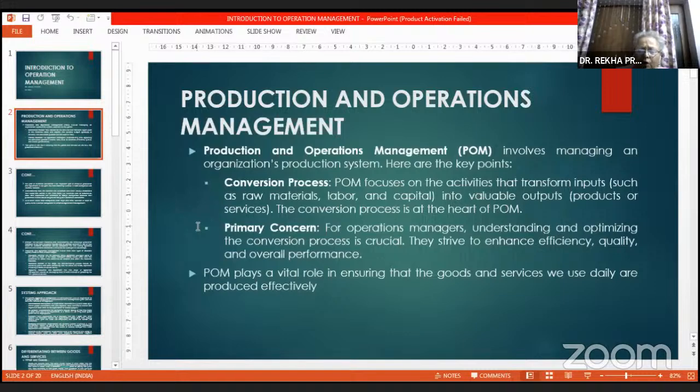Efficiency means you are using the raw material, whatever it is, optimally, not wasting anything. For example, you must have seen how things are stitched. Some people might take a cloth and cut the pattern and a lot of cloth will go to waste.